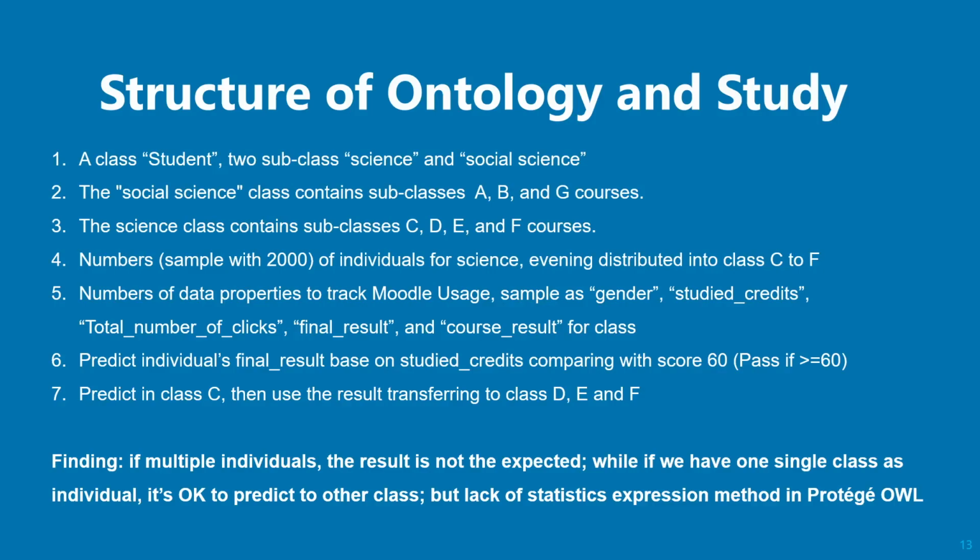When we use class C to predict class D, then both 1 and 0 will transfer to every individual in class D, same as E and F. So that is currently the limitation of using SWRL. Also, if you check Google or some searching resources, you can see another tool, the language called SQWRL.